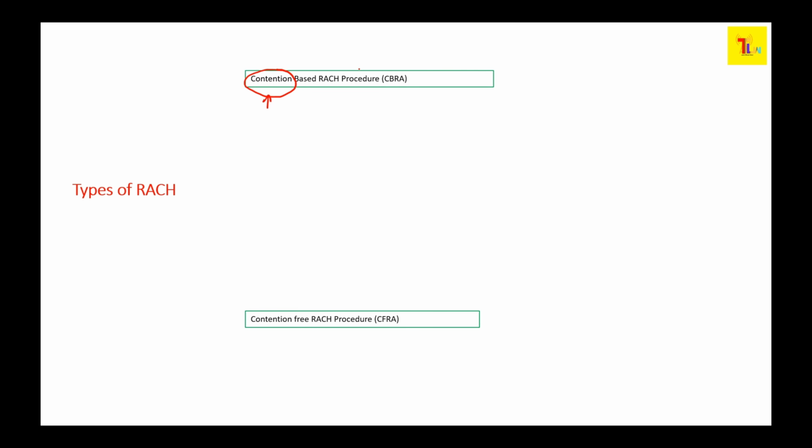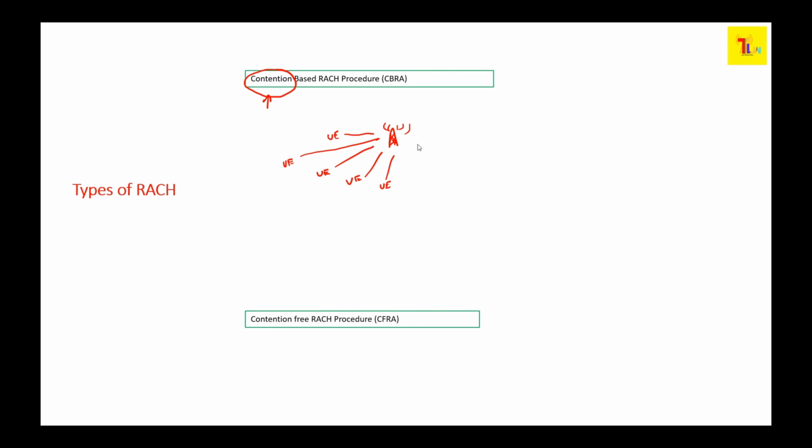So if it is a contention based RACH procedure, let's suppose this is our eNodeB, then definitely multiple UEs are trying to perform RACH, trying to do the uplink synchronization. So for that purpose, there is an argument, or there is always a clash while sending the preamble, while sending message one.